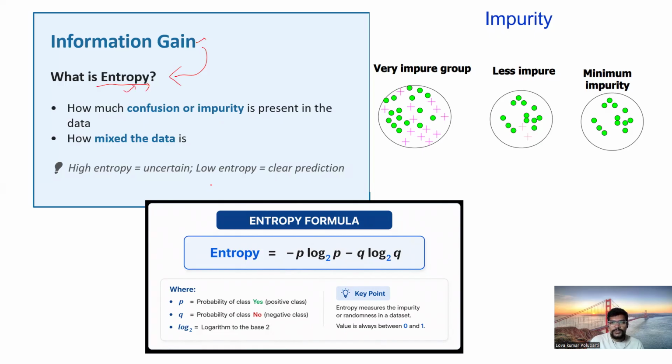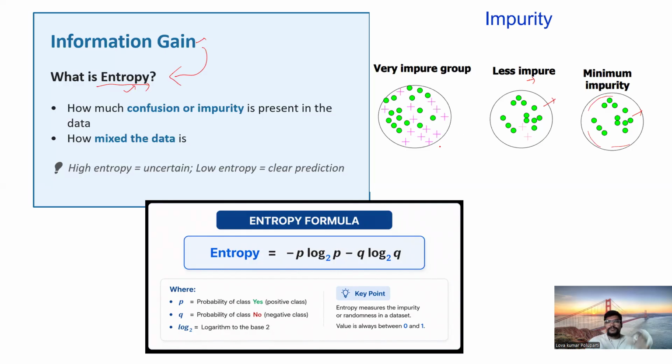Is it possible to find it directly? Let's say in society, all people are salaried people. This you can say is very pure. If some people are salaried and some are businessmen or non-salaried, it is less pure.